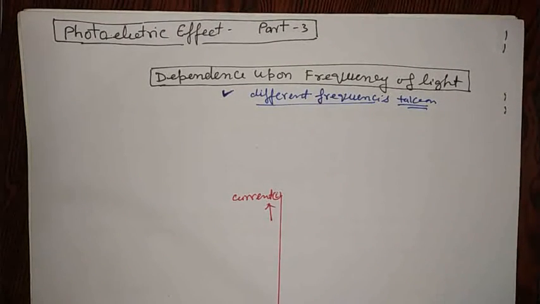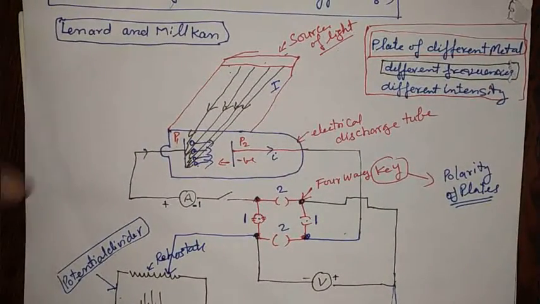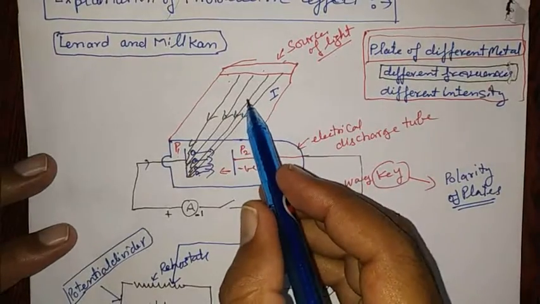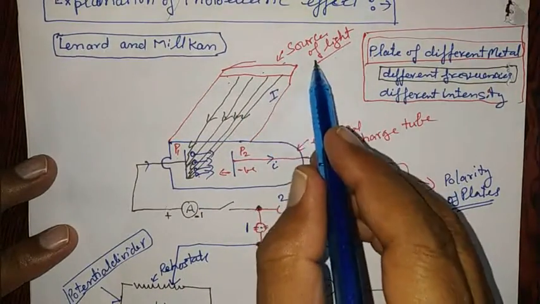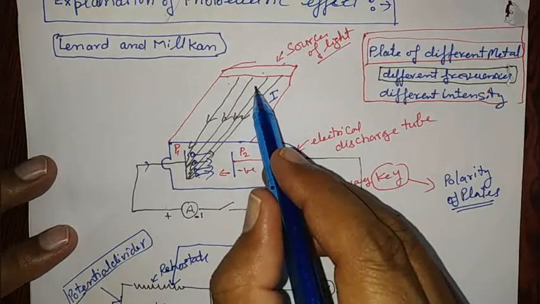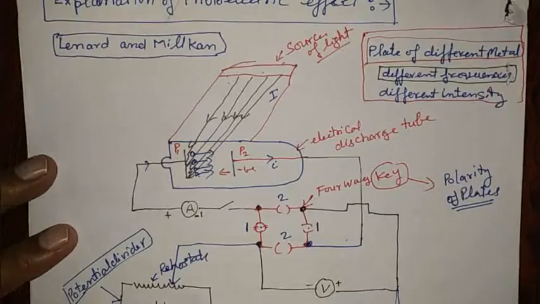In this experiment, light of different frequencies is allowed to fall on the P1 plate.